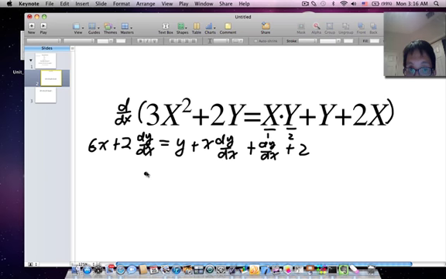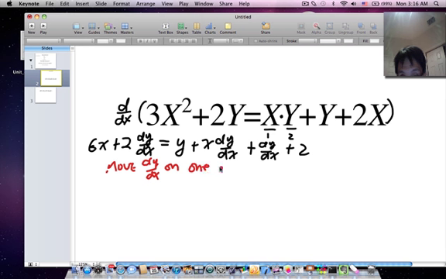One thing you see is dy/dx on both sides of the equation, so we move all the dy/dx terms to one side of the equation.